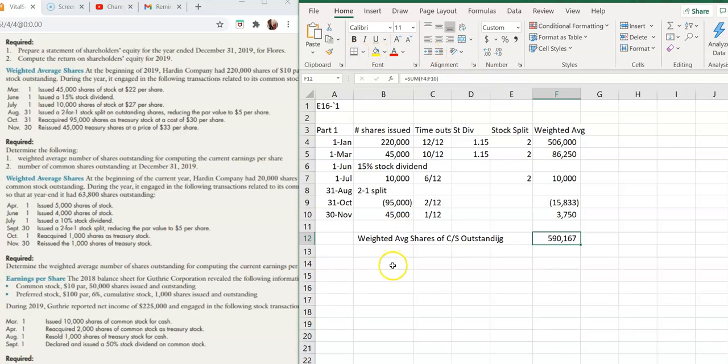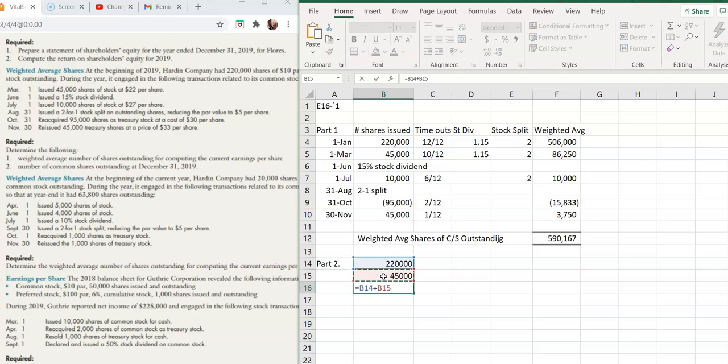All right, then they also wanted the actual number of shares. Okay, so for part 2, we had 220,000 shares. Then we added 45,000, so that gives us 265 at that point.